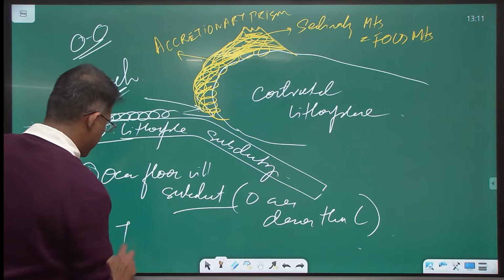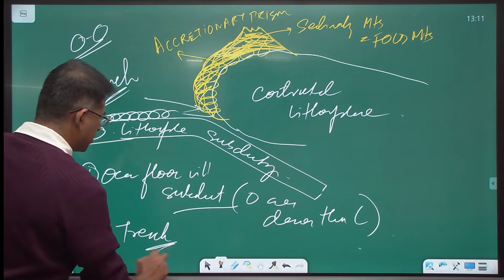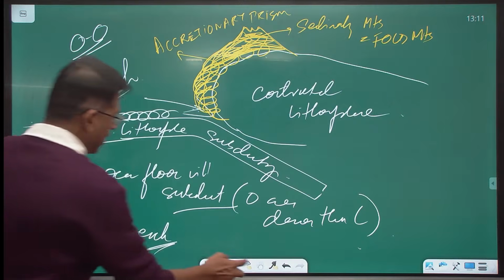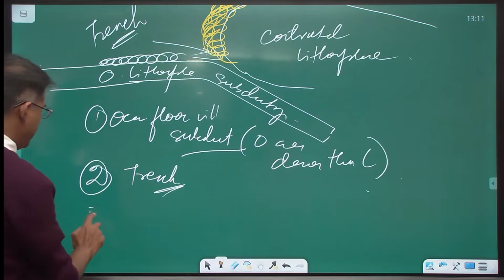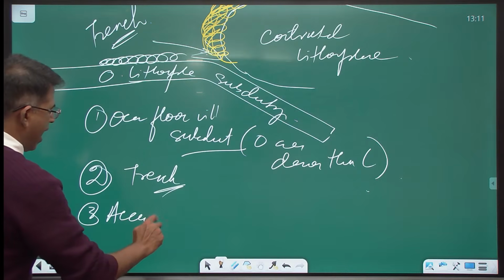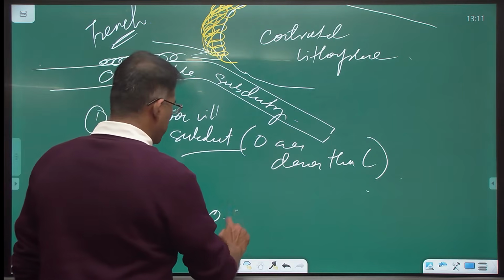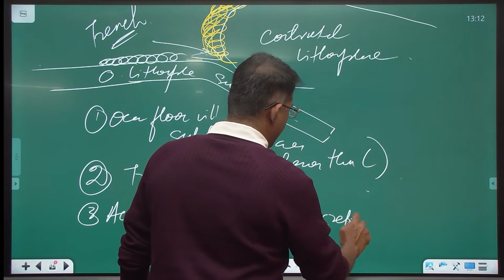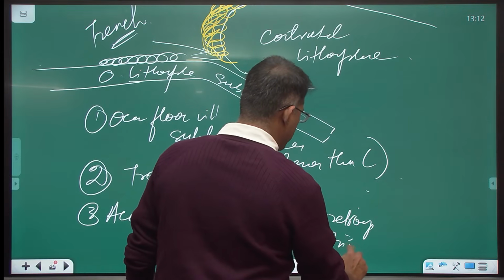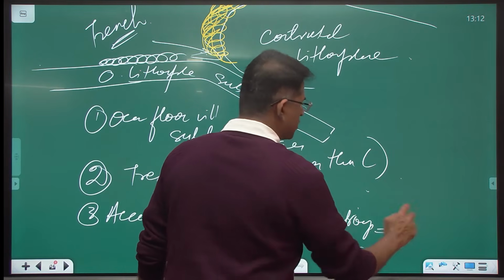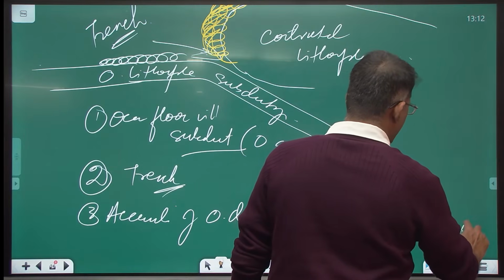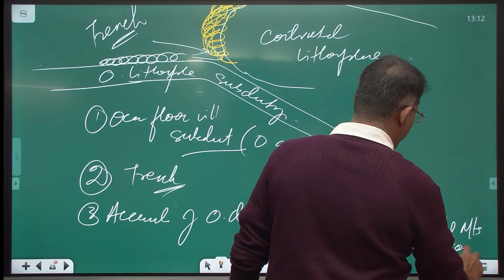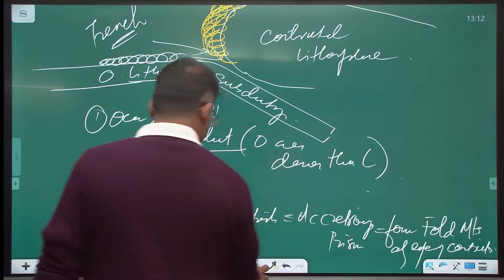There will be a trench formation, the gap. There will be accumulation of ocean deposits. This is the accretionary prism, and this forms fold mountains along the edge of continents.